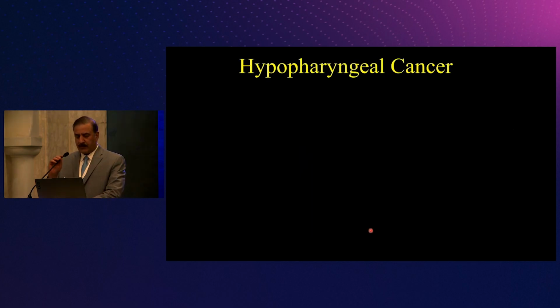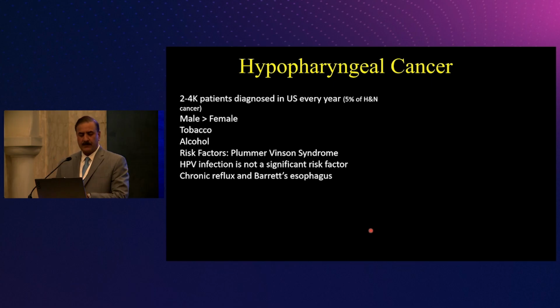Coming to hypopharyngeal cancer per se, about 2,000 to 4,000 cases of hypopharyngeal cancers are seen in the US, associated with tobacco and alcohol. And then a premenopausal female with iron deficiency anemia and esophageal web has Plummer-Vinson syndrome, and they are more prone to develop hypopharyngeal cancer, especially of the post-cricoid type.